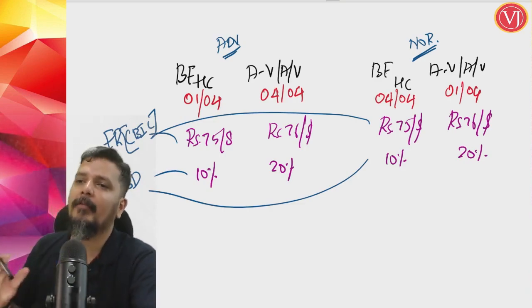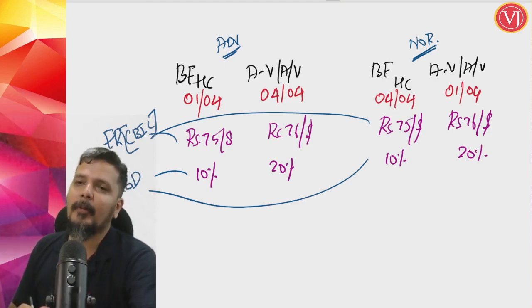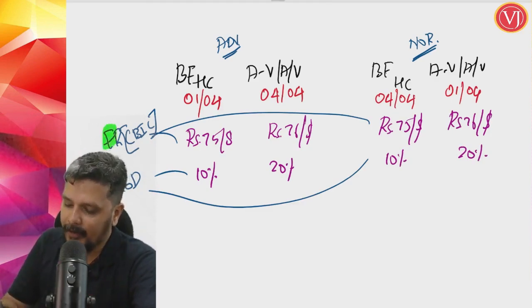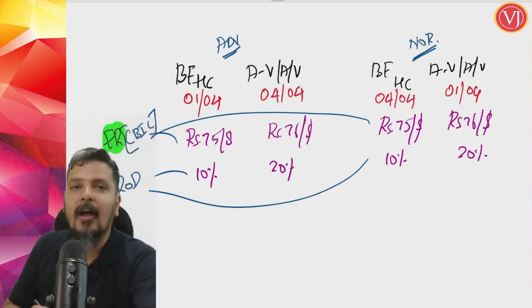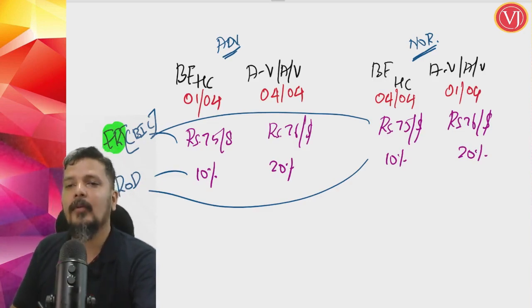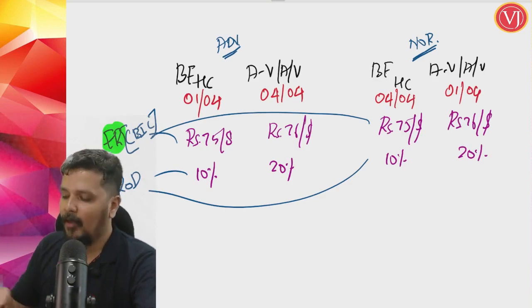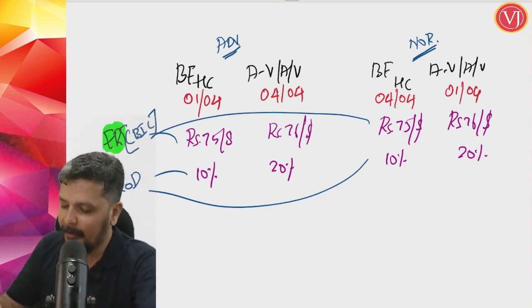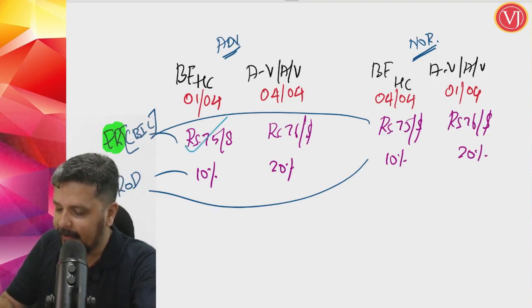Now tell me, what about your exchange rate and what about your rate of duty? For your exchange rate, always go with the bill of entry. So what is the bill of entry date? Here it is 75 rupees.